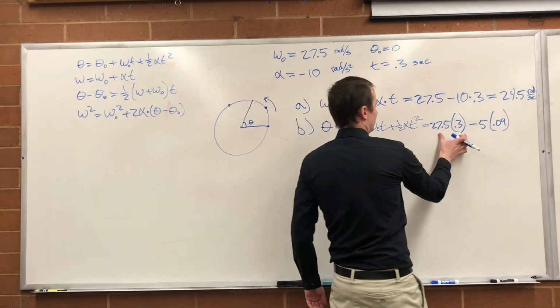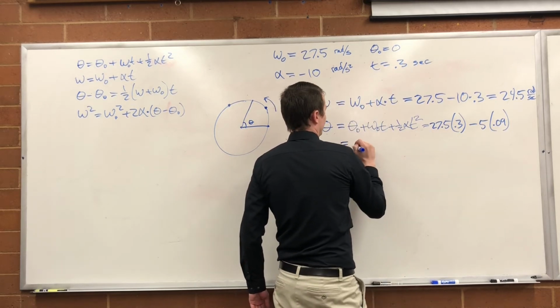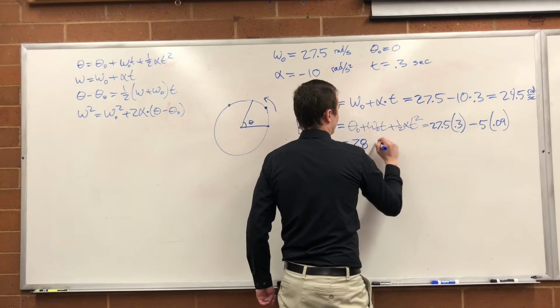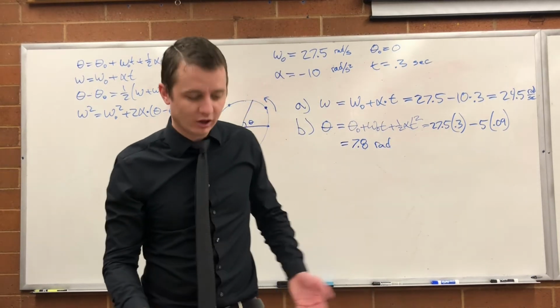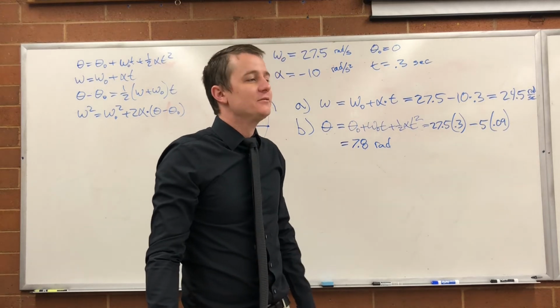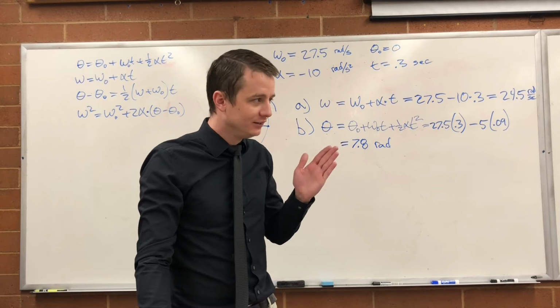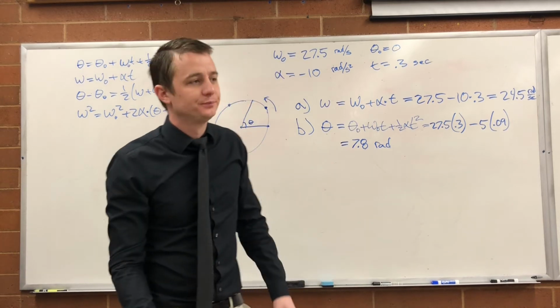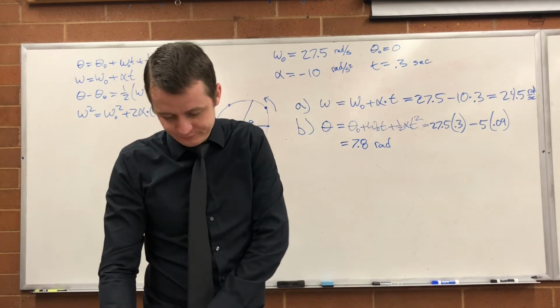Did you do the whole thing? I did the whole thing. So this is equal to 7.8 radians. I just leave the book in the car. I just leave it in the room, but I'm afraid of accidentally leaving it in this room when we need it in that room.